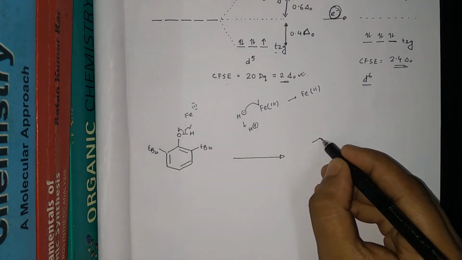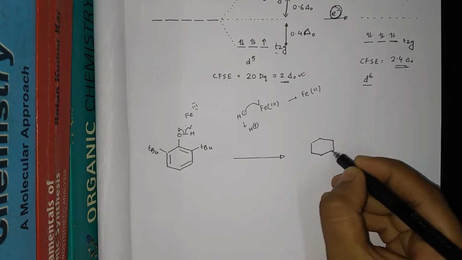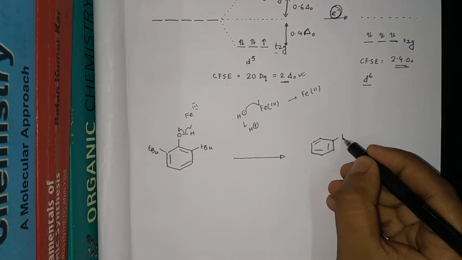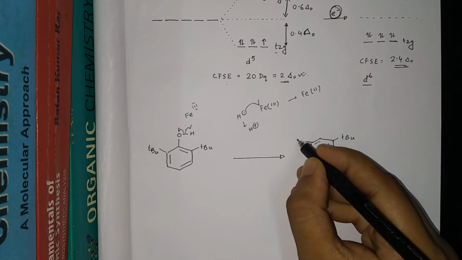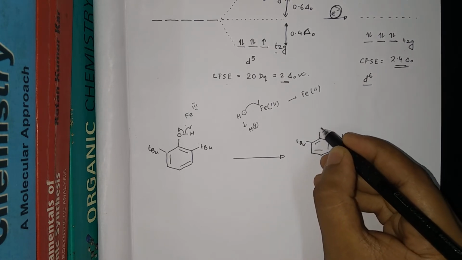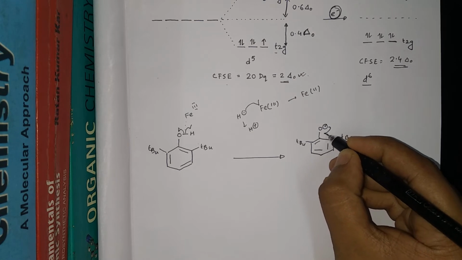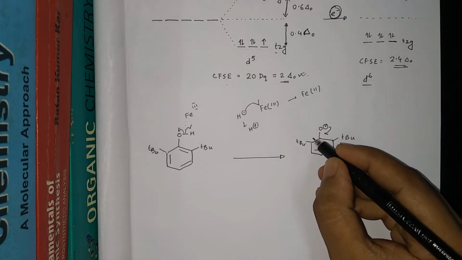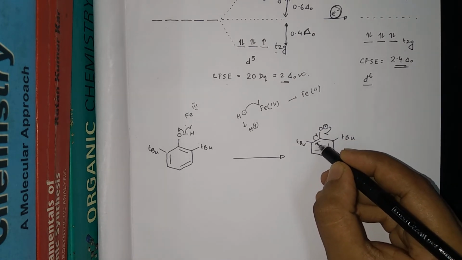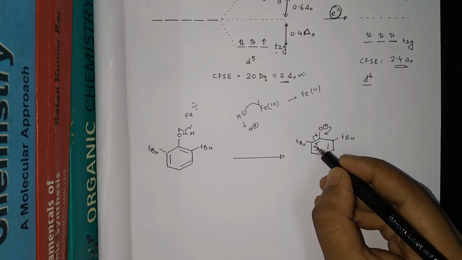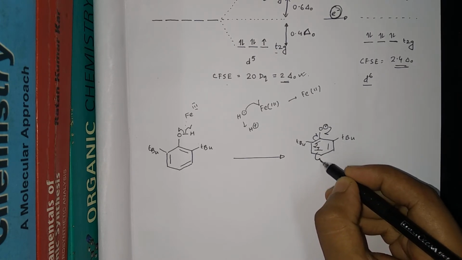In this case this will form tertiary butyl, here also tertiary butyl, and here O dot. Now this O dot can go for a resonance like this, and then it can come like this. This bond also comes like this. Here this can come like this, and this comes like this.